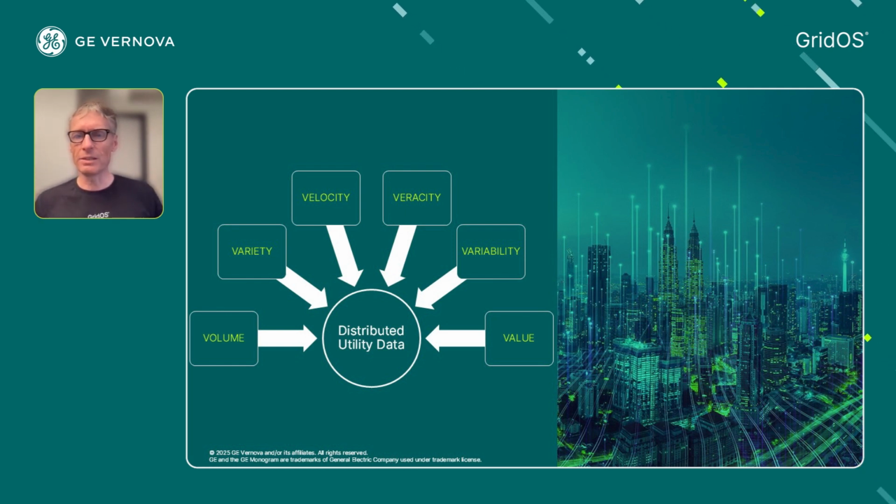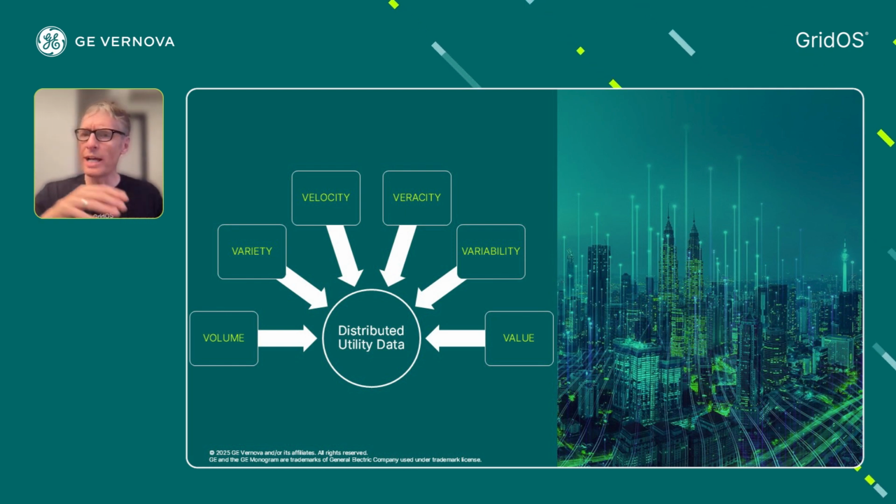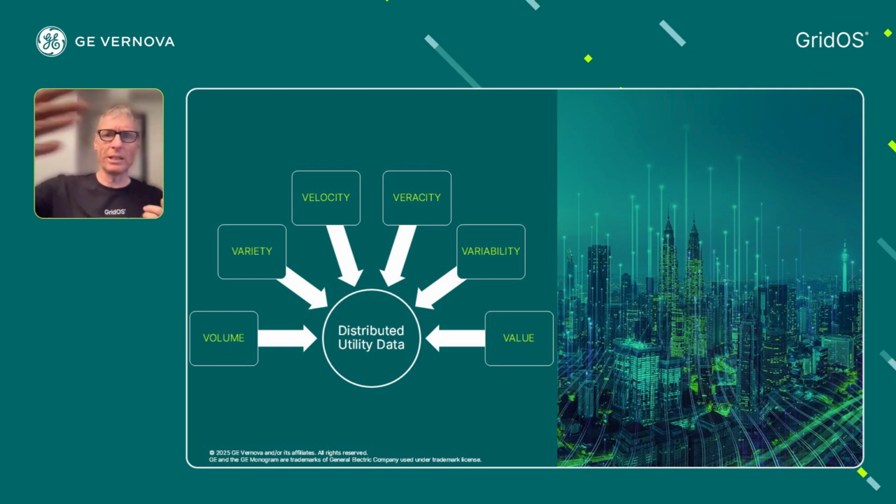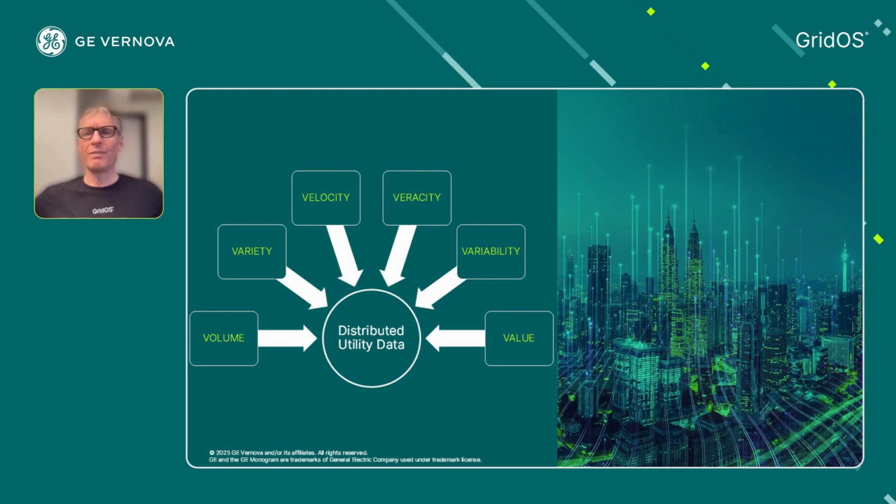And the 6 V's, the first one is, of course, volume. We are getting more and more data, with all the sensors in the network. If you combine SCADA data with all the sensor data and smart meter data, we are getting a vast amount of data. So V number 1 is volume. The other thing is variety: we get more and more different data types.